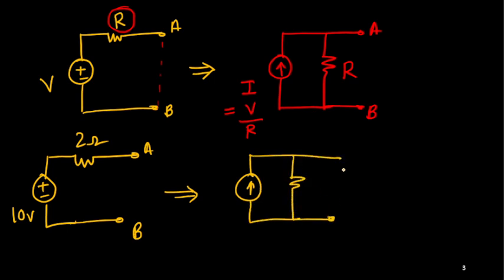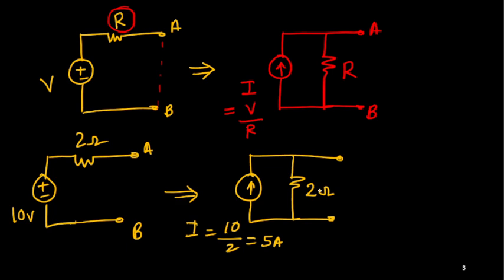Every time I am saying that the resistance should be connected in parallel with the current source. So this current source value will be the short circuit current that I have said. So it is 10 by resistance. 10 is the voltage source and the resistance is 2 ohm. So 10 by 2 means 5 ampere. And this resistance and this resistance are the same.